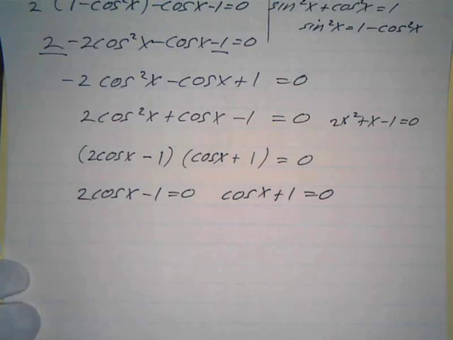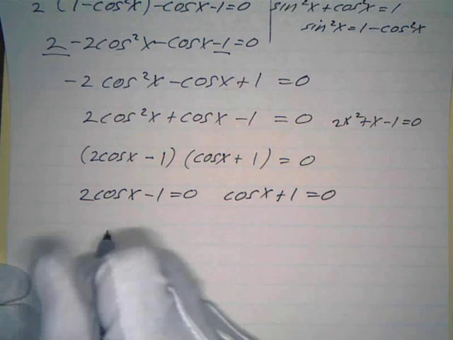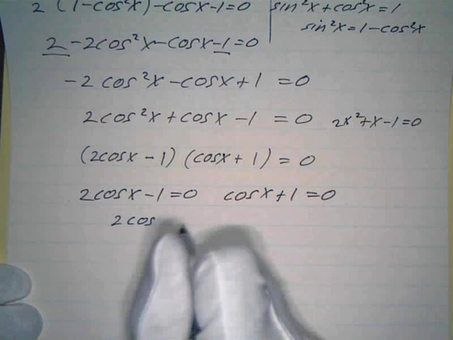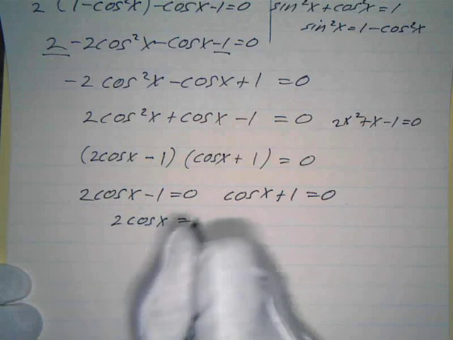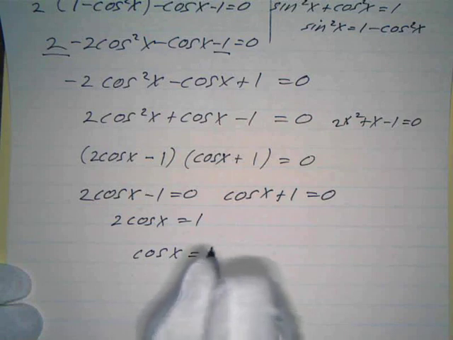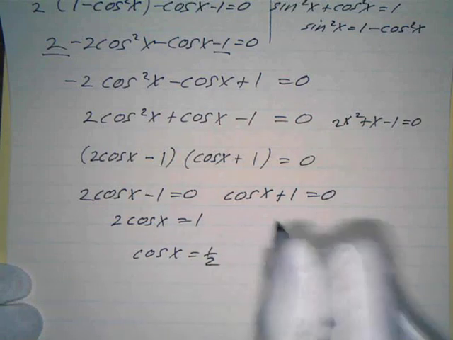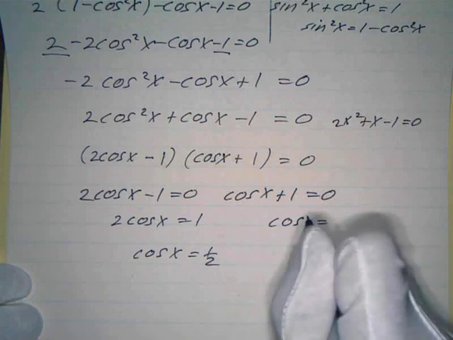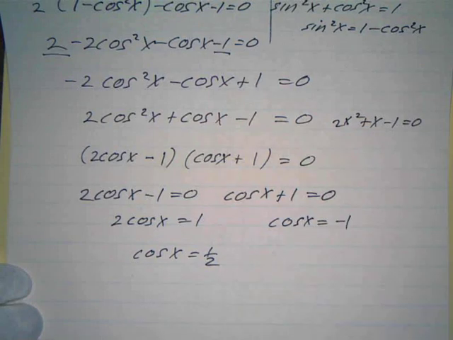So if I subtract 1, 2 cosine of x equals 1, so the cosine of x equals 1/2, or the cosine of x equals negative 1.